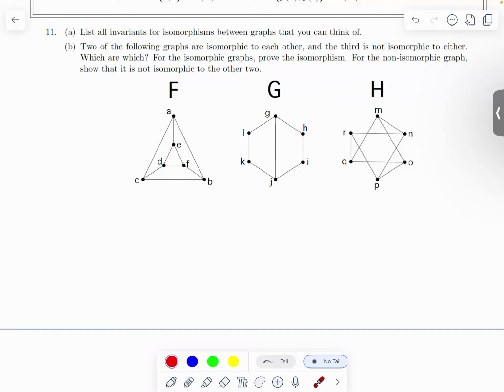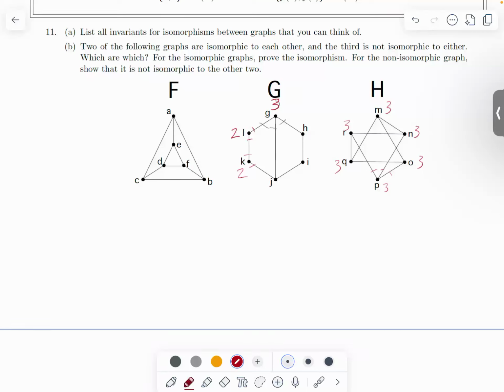Like here, the degree of this one is 3, the degree of this one is 2, 2, while in this graph all of them are 3, 3, 3, 3. One of your quiz questions, the second question, asked whether these two graphs are isomorphic.